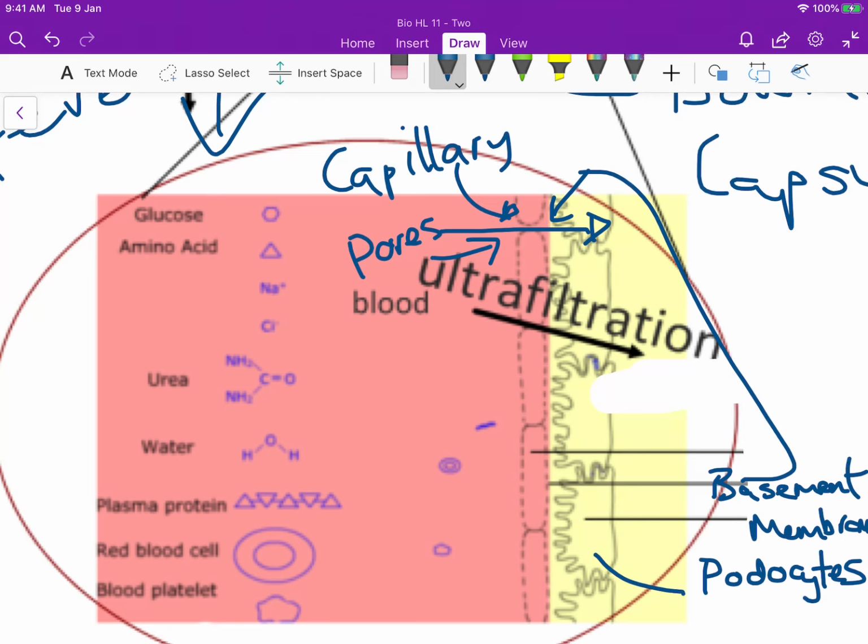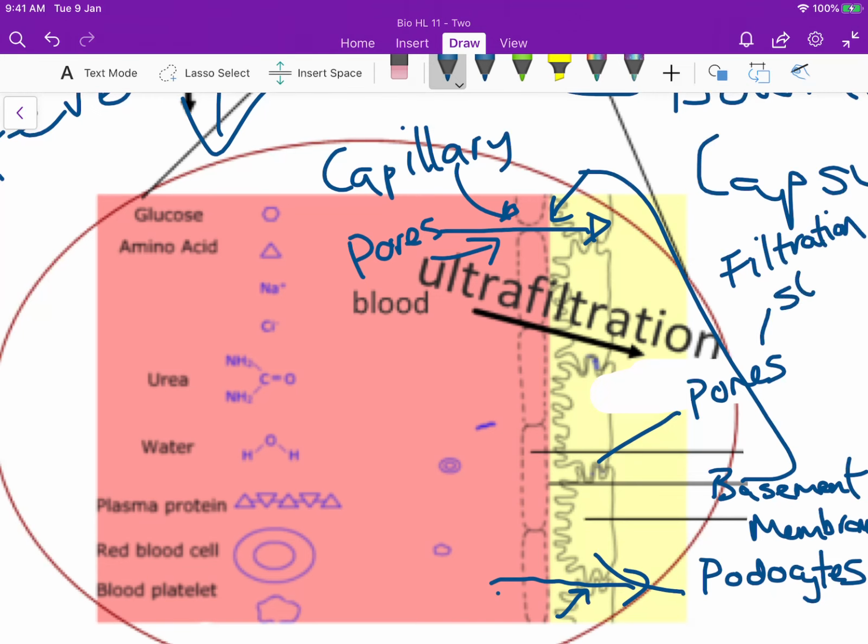And they're kind of weird because they reach around and wrap around the capillary. But between them, you can see maybe just here, there are tiny gaps. So there are also pores between the kind of legs or the arms of the podocytes. So we could say they're filtration slits.